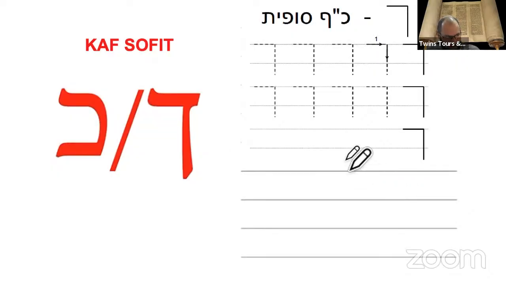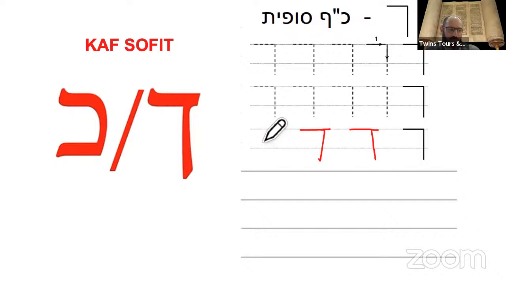And in the end, we said this is one of the five final forms. This is the first one we learned, that at the end of a word, it changes. Kaf. Almost like this. Sometimes you find it without a line at the end, but most often it is with a small line.